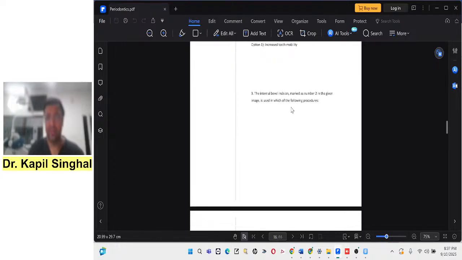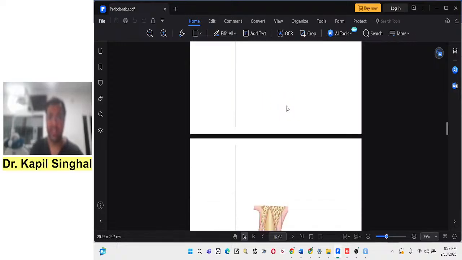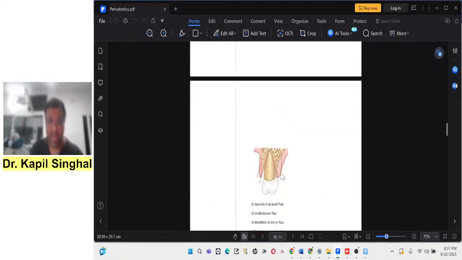Next question. The internal bevel incision marked as number 2 in the given image is for the following. So he's asking about this number 2. Let's see all the markings. Number 1 is an internal bevel incision that is given for modified Widman flap. Even 1 and 3 are both the same.